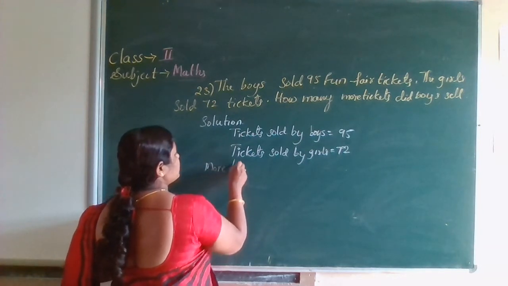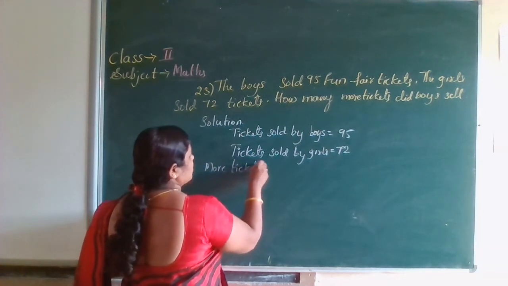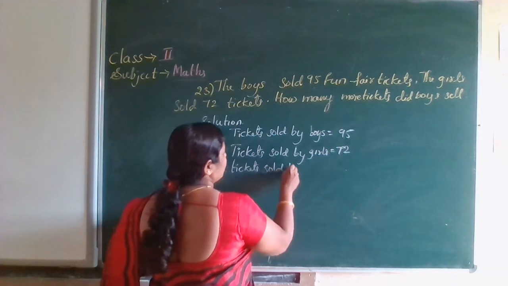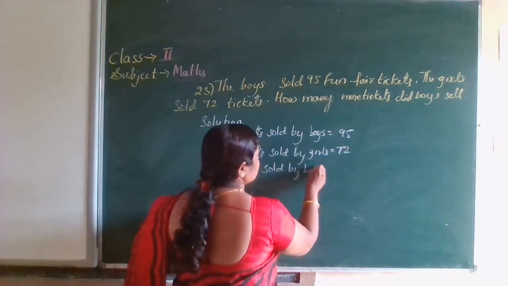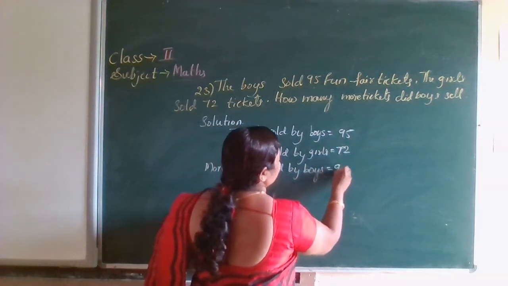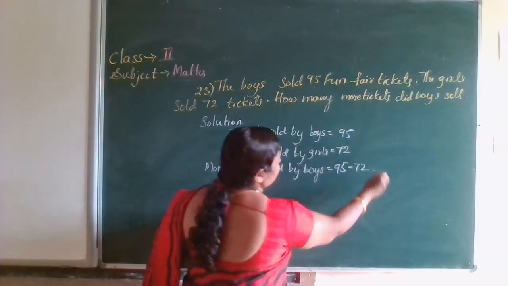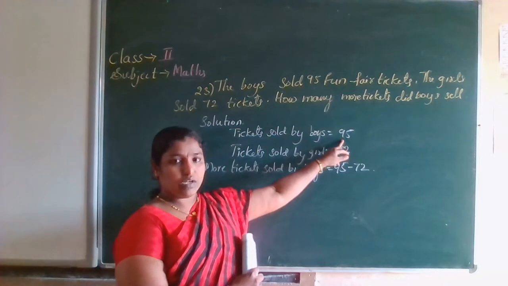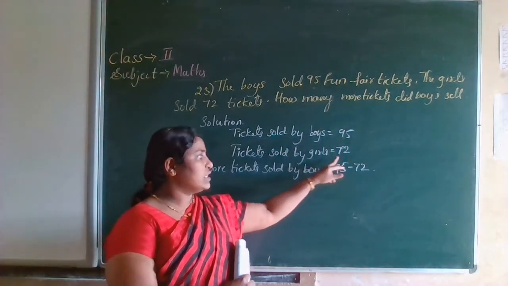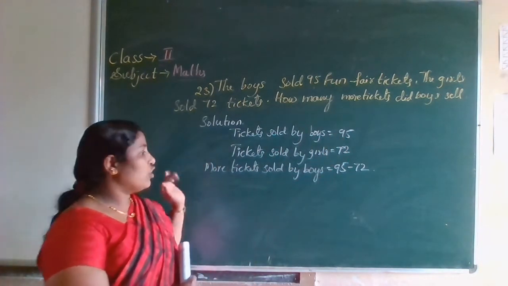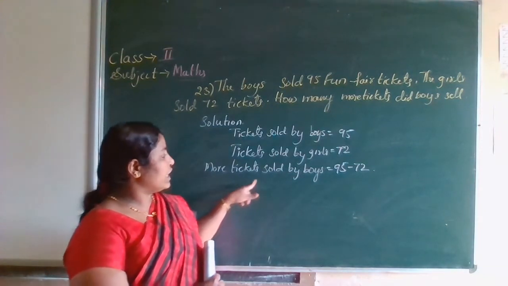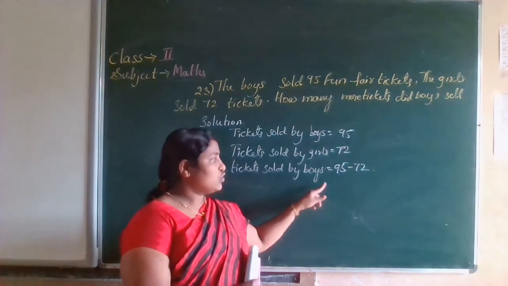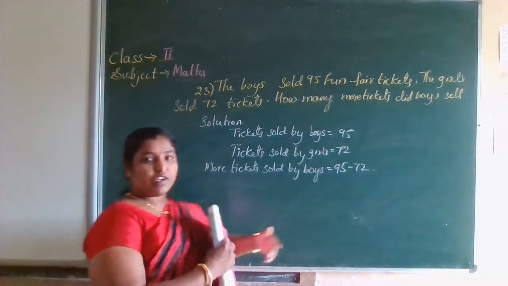More tickets sold by boys is equal to 95 minus 72. See, how many tickets have boys sold? How many tickets have girls sold? Then what should we identify? More tickets sold by boys. So that is 95 minus 72.